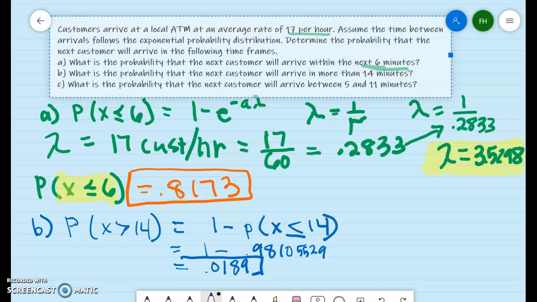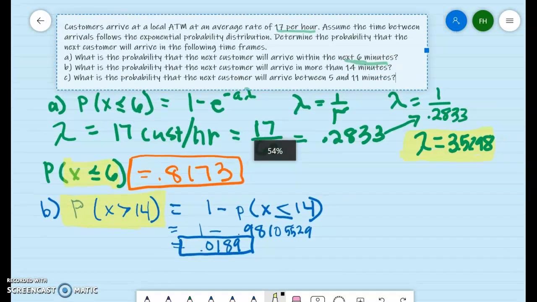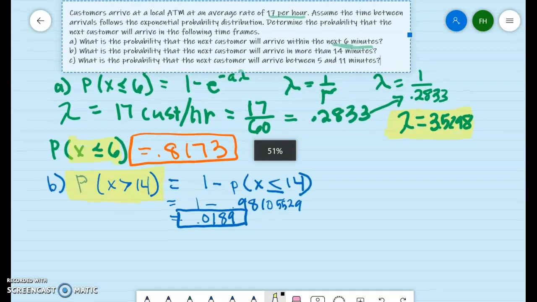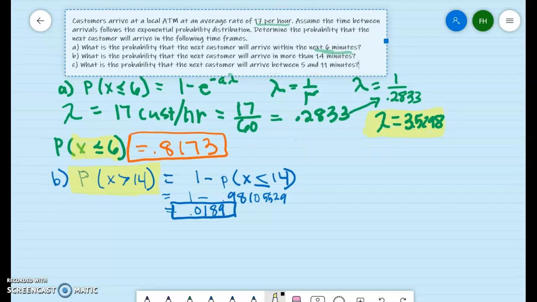And that would be your answer for part B. And we did the probability that X is greater than 14 is what we were finding, but we had to use the complement rule because you don't have the option of greater than in the calculator. Now for C, let's look at it.